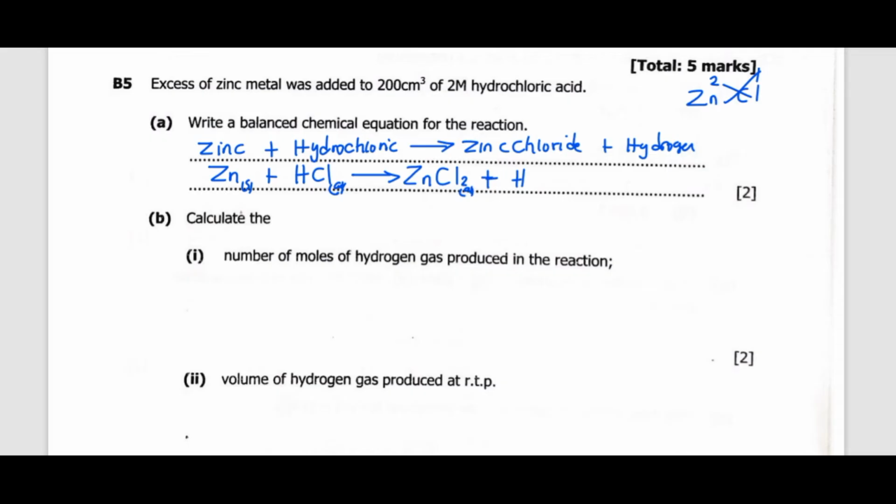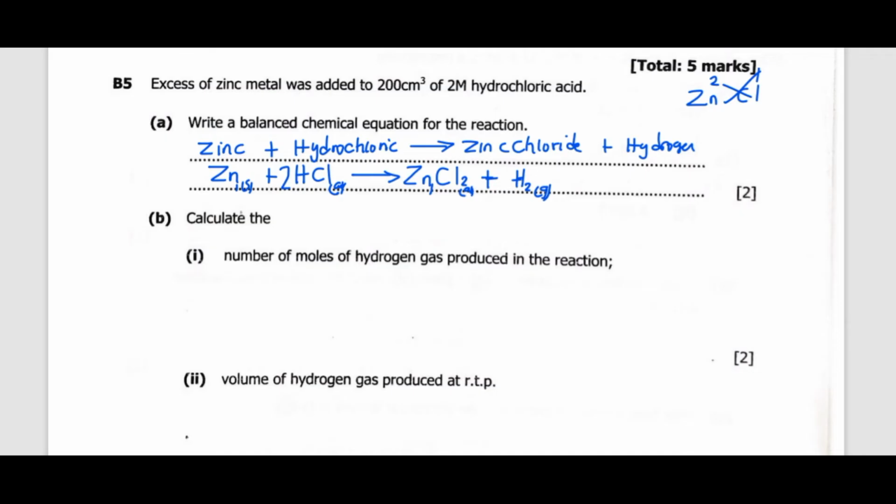Whenever we are writing hydrogen, we write the diatomic if it's not in a compound. So we can see that we have 1 atom of zinc here, there is only 1 here, also 1 here. So the need of balancing is just for chlorine and hydrogen. So we just put a 2 here. So you can see that we have 2 atoms of hydrogen, 2 atoms of chlorine on each side.